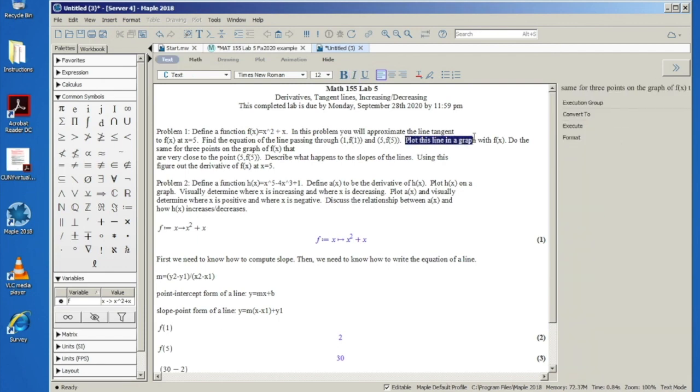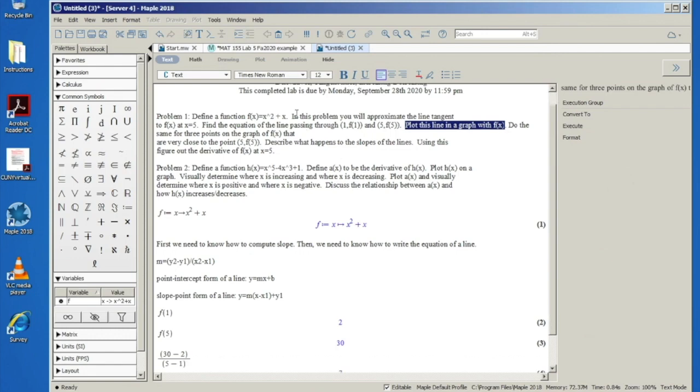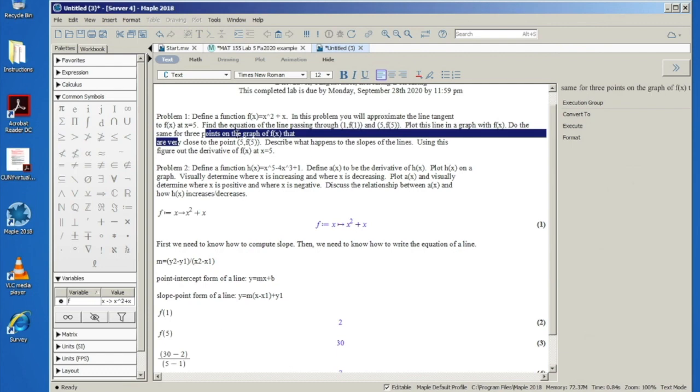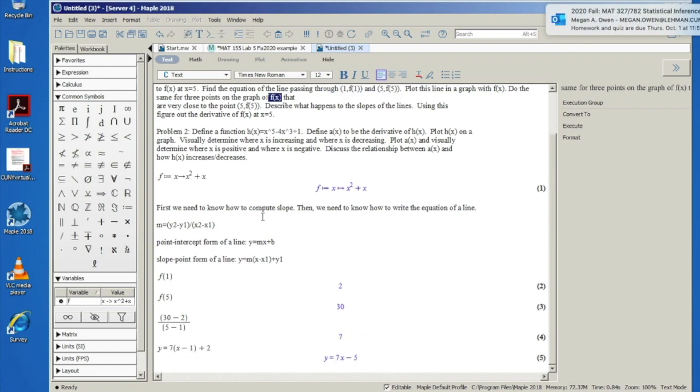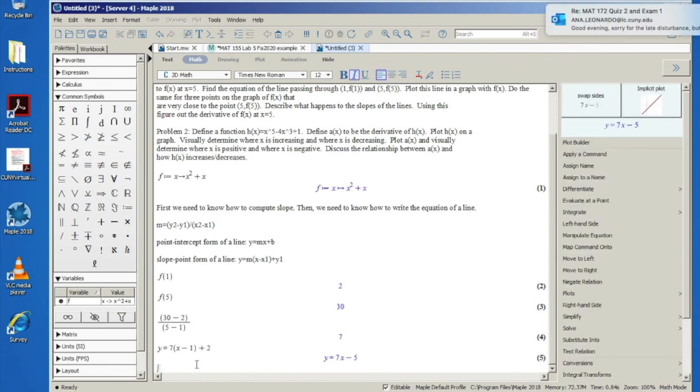Now the next thing is to plot that line with the graph of f of x. And then we want to do the same thing, meaning the same process, with 3 points on the graph of f of x that are very close to 5, f of 5. So let's see what we get here.